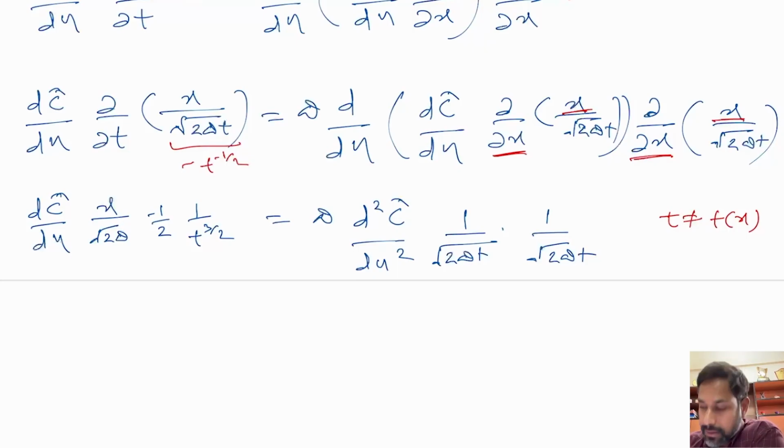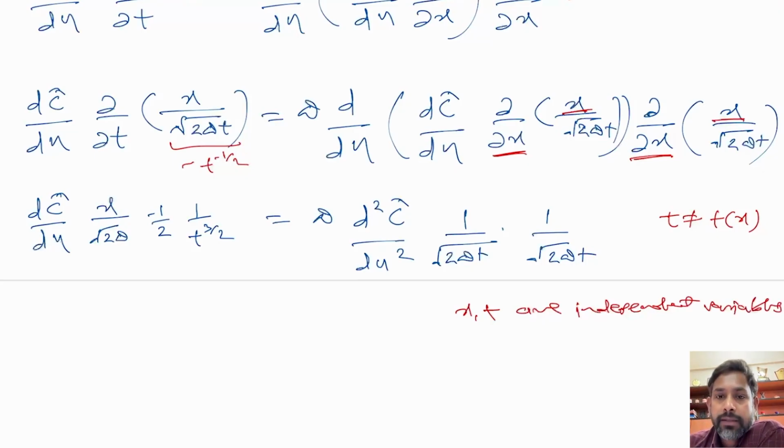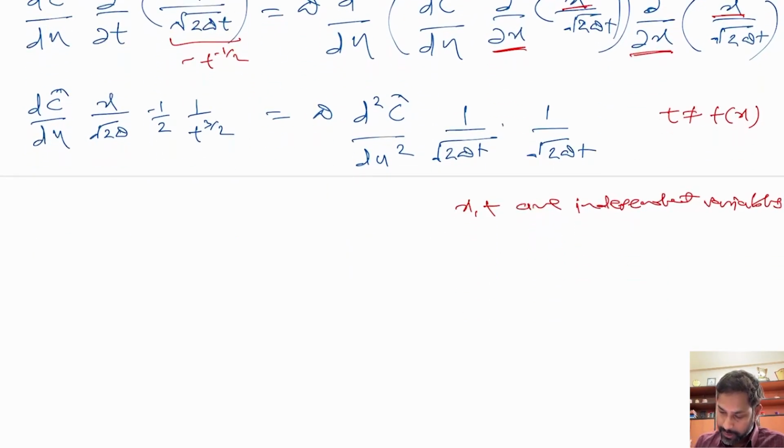They are independent variables, x and t are independent variables, and that is why t behaves like a constant for x, and that's why this can simply come out of the derivative, right?